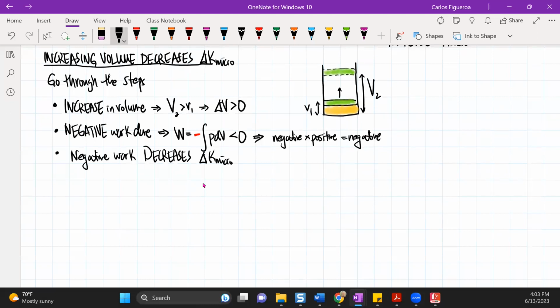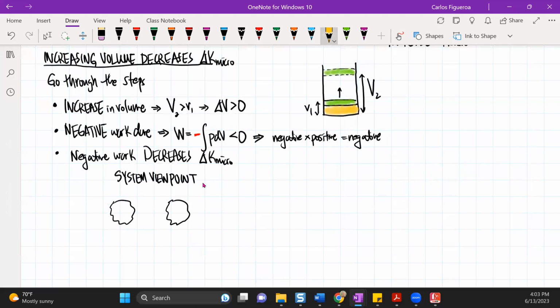And that makes sense because now think about what's happening. So let's look at the system's viewpoint. If I look at the system, I have my gas right here.